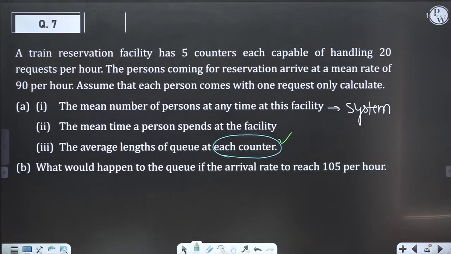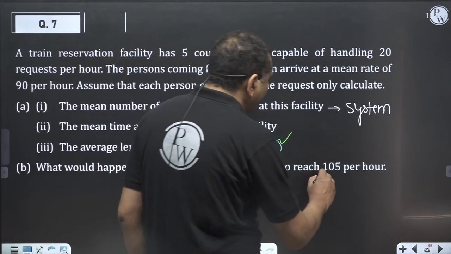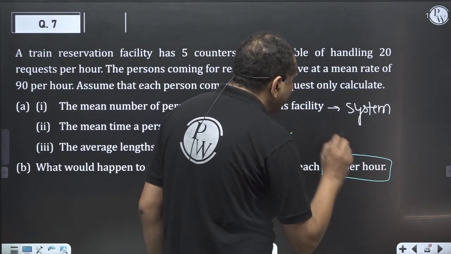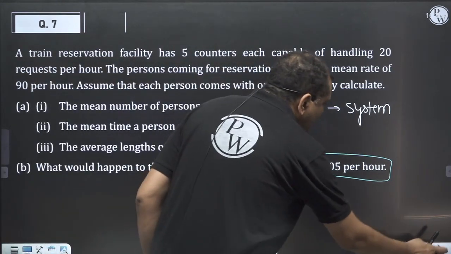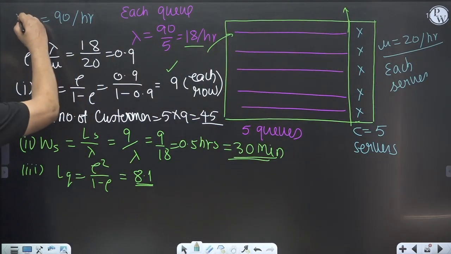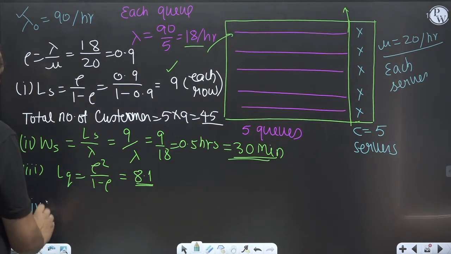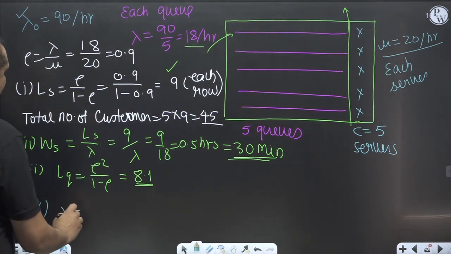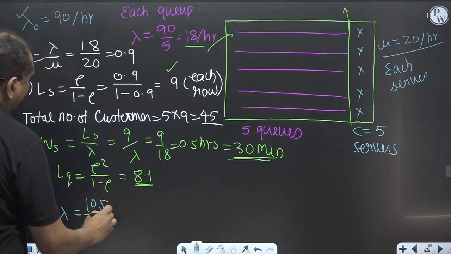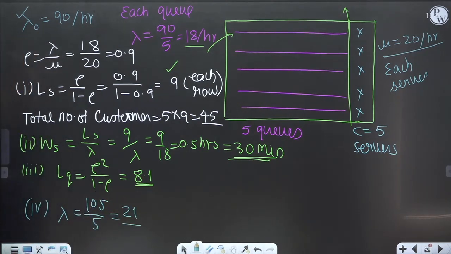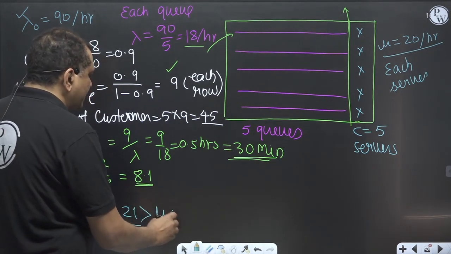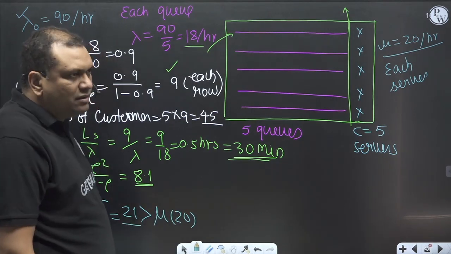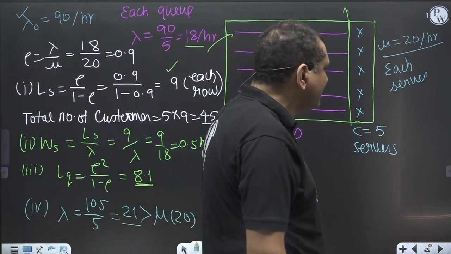What would happen to the queue if the arrival rate reaches 105 per hour? If the overall arrival rate is 105 per hour, then what will happen to the queue? So average lambda is 105 divided by 5, which means 21. Now this lambda is greater than the average service rate of 20.